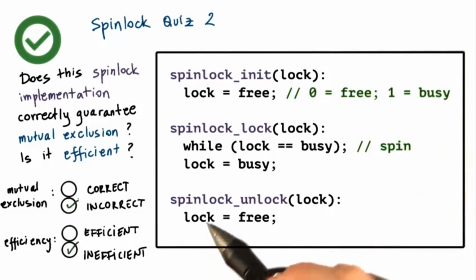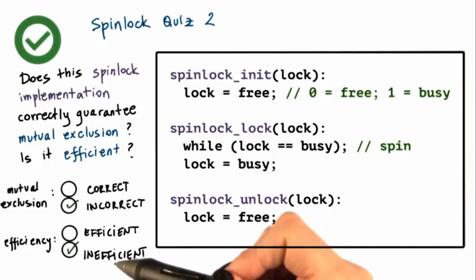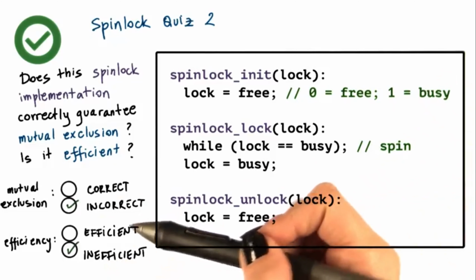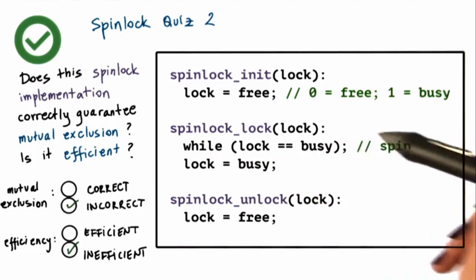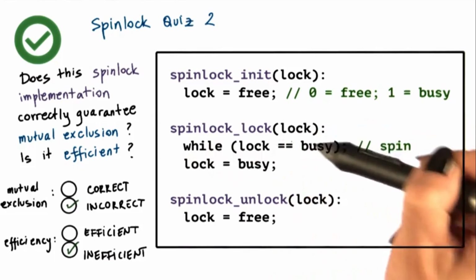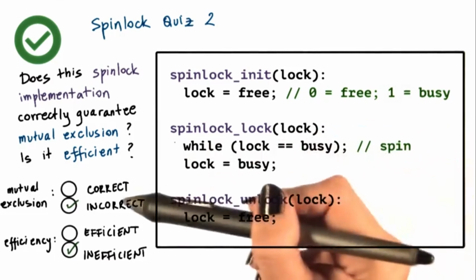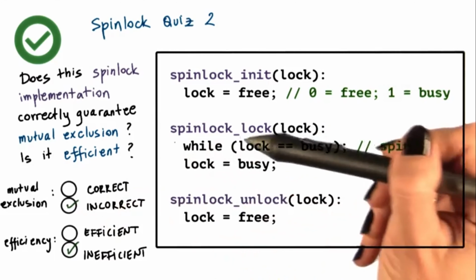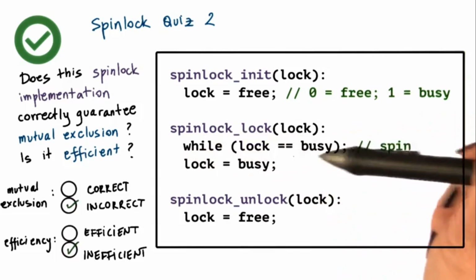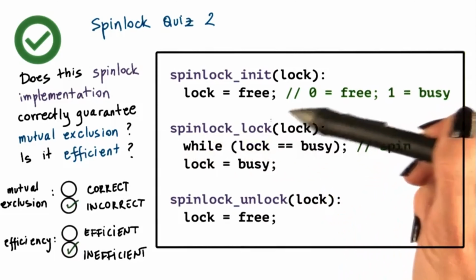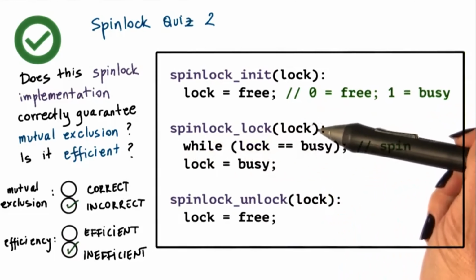Again, as in the previous case, this implementation will be both inefficient and incorrect. The inefficiency comes from the fact that, again, we have a continuous loop that is spinning as long as the lock is busy. Now, the implementation is incorrect because although we did put this while check here, multiple threads, again, will see that the lock is free once it becomes free.